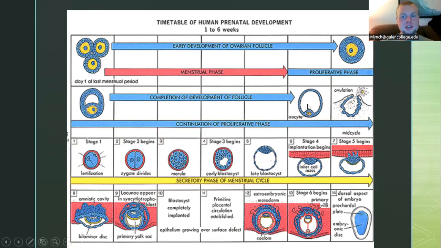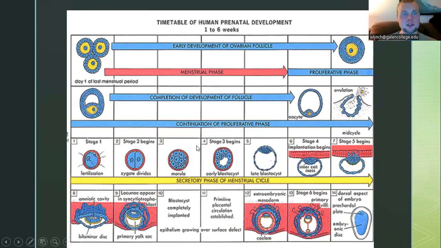If there is a sperm that is present, that means that we are going to have fertilization. So at this day here, we're going to have fertilization, and then we begin zygote formation. So we have the zygote present here.